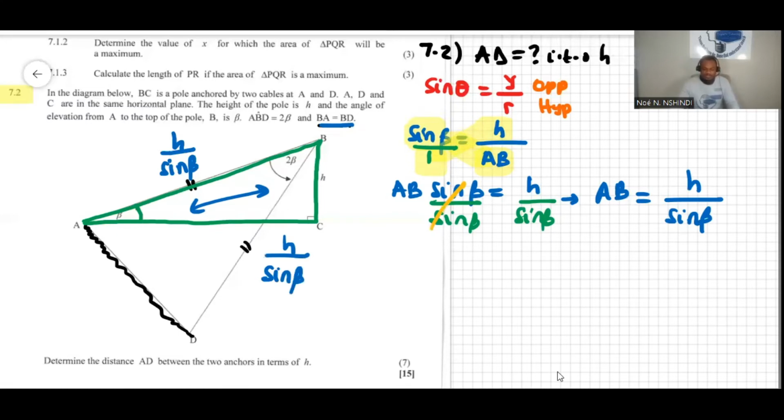Okay, that's one. Now what else do we know? From the question, if I look at this other triangle, I think I need to change the color. This triangle, the orange triangle.